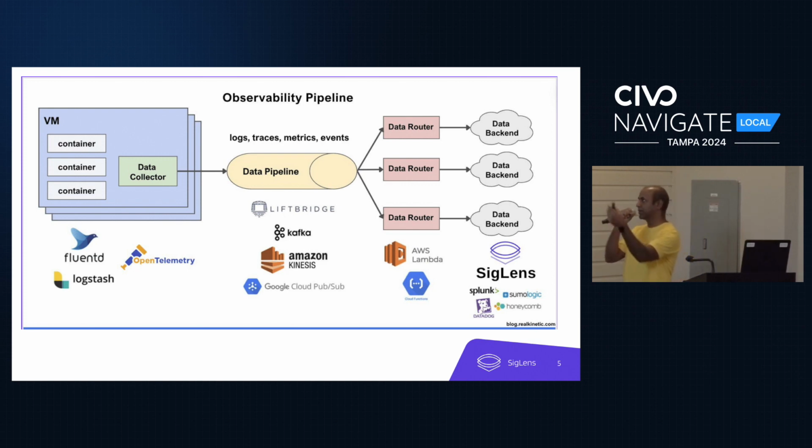That data is then pushed through a pipeline like Kafka or Kinesis or Red Panda. And from there on, via a router, it gets stored in one of these observability backends like Splunk, New Relic, SigLens, Datadog, and so on. So this is a very high-level overview of how observability looks.